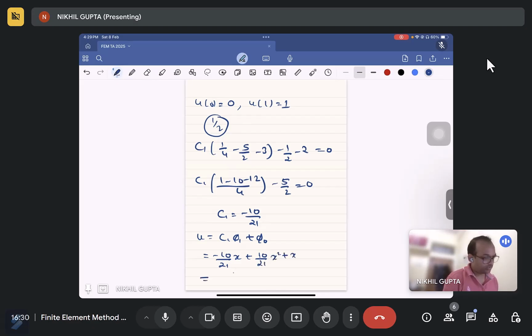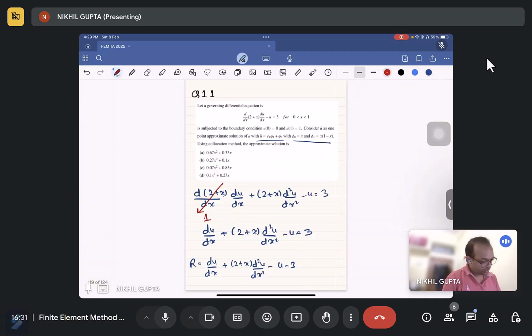When you solve it, you will get 10 by 21 of x square plus 11x by 21. This will be 0.476 x square plus 0.524 x. So when you use this method, you will get this solution.